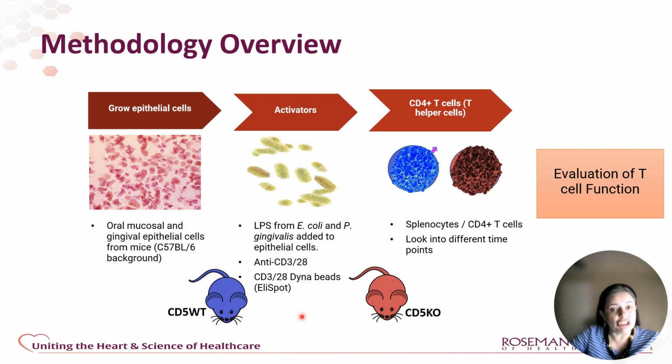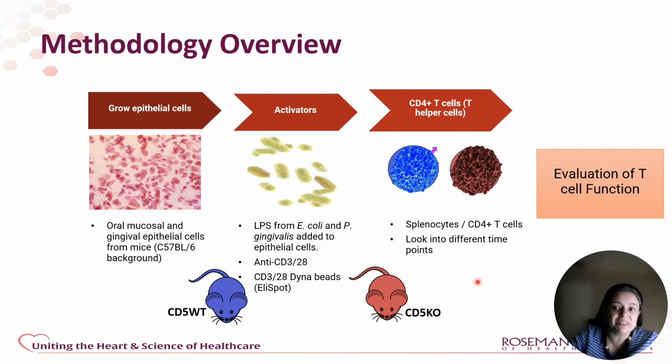These mice are used to isolate T cells to make sure that there are no other variables in this experiment. As activators we are using LPS, not only from P. gingivalis but also from E. coli as a control. We are also using Dynabeads, which are beads that trigger the activation signals important for T cell activation.